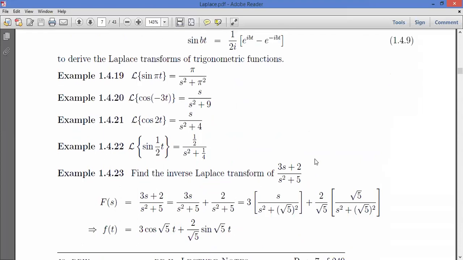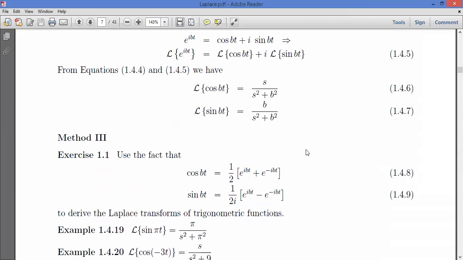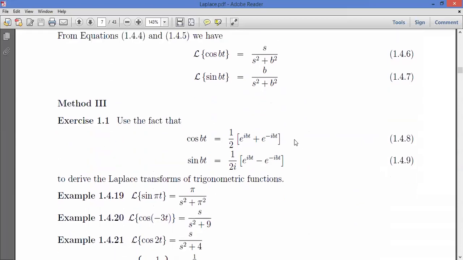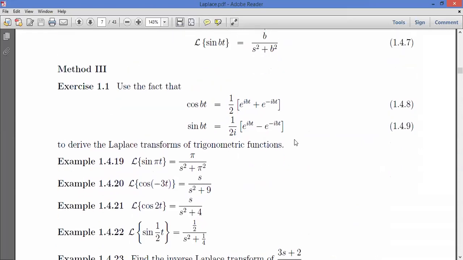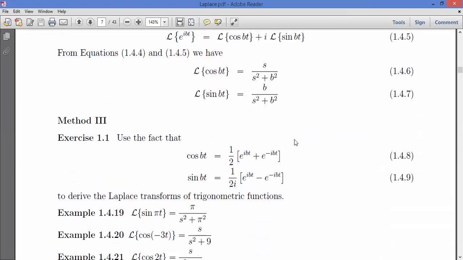Right. So what I was saying with respect to this, guys, remember we have already looked at our derivations. We looked at cos. We've said our cos is s over s squared plus b squared, and we have also looked at sine, which we have already derived.